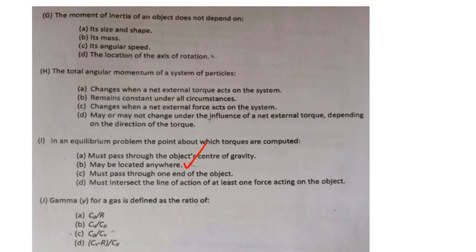Then we've got J. Gamma for a gas is defined as the ratio of dash. Now what you should understand is that gamma will be equal to the specific heat, which we usually abbreviate as C. So this will be specific heat at constant pressure divided by the specific heat at constant volume.